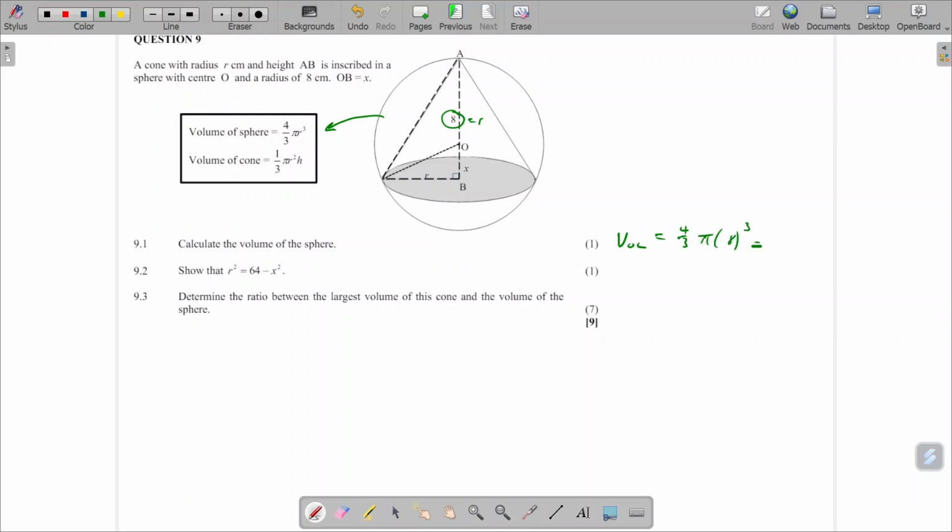And that gives an answer of, I don't know, 4 divided by 3 times 8 cubed times pi.